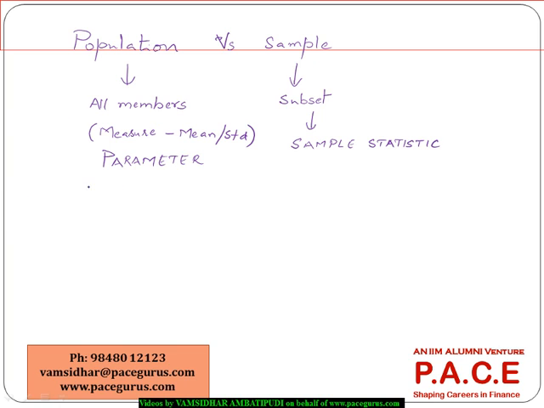Sometimes, though the data is available for the entire population, working on that entire data could be pretty expensive, or it may be time consuming. So it is really not advised to work on the entire data even though it is available.